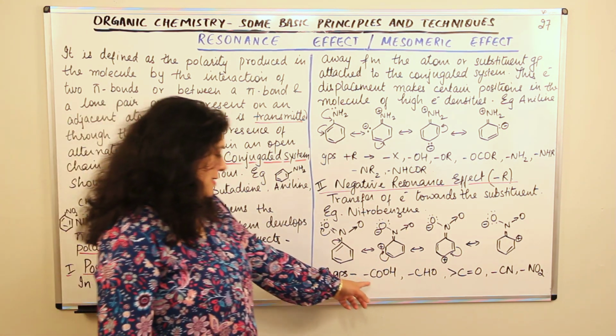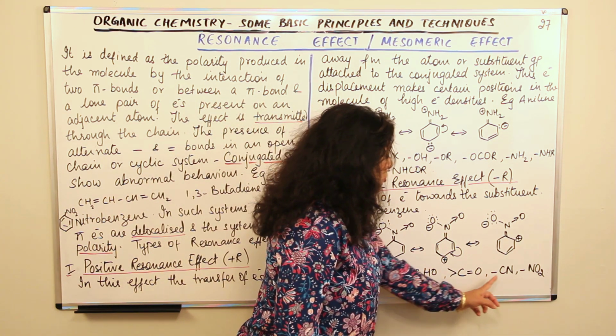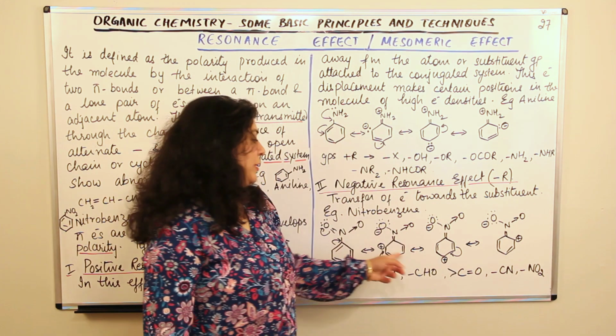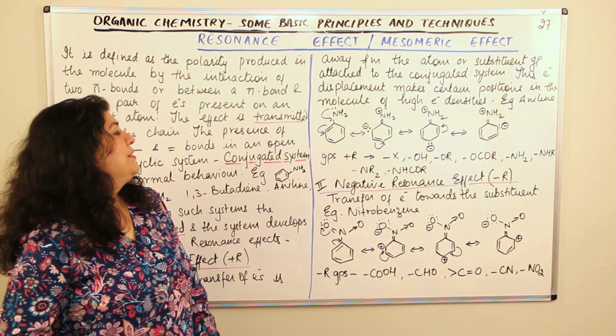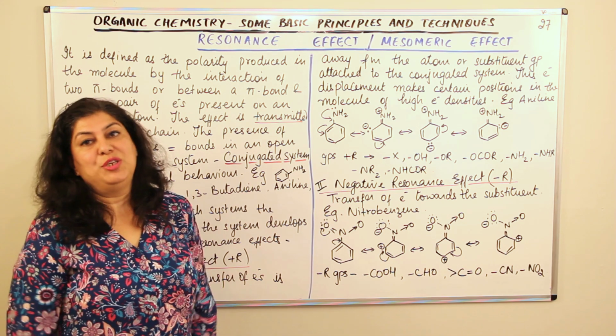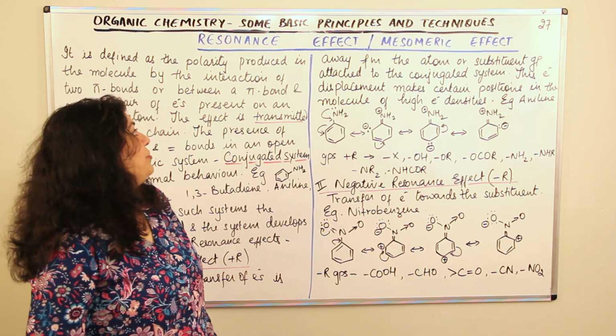Such groups would be COOH group, that is carboxylic acid, aldehyde, CO, CN, and NO2. NO2 we've already seen, right? So this was resonance effect. Resonance effect is also known as mesomeric effect. So that would be it about resonance effect.